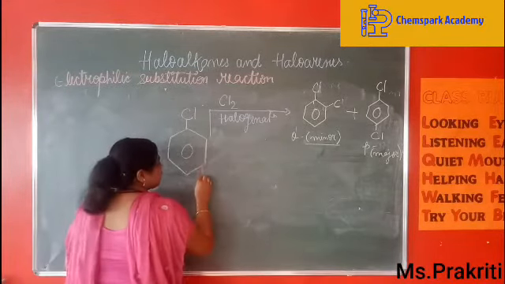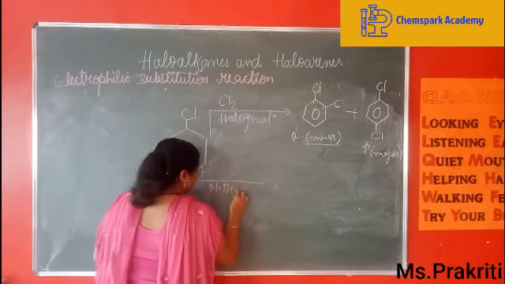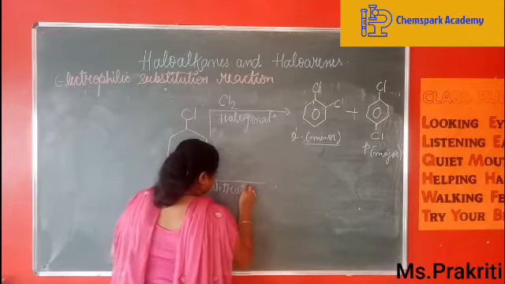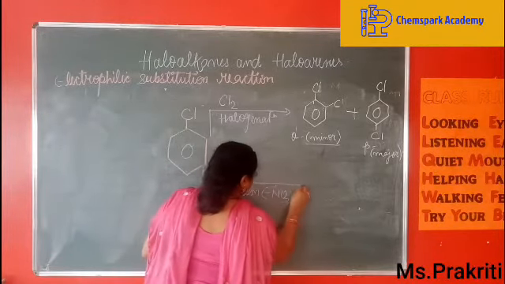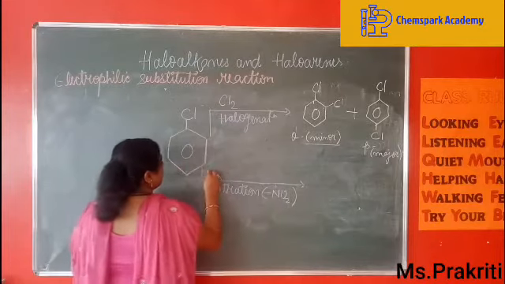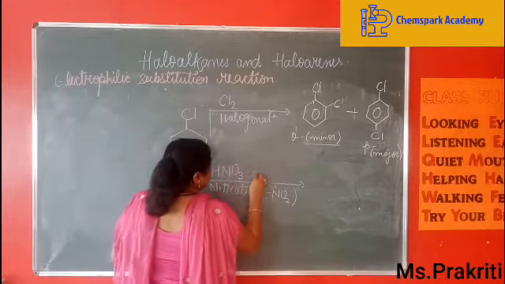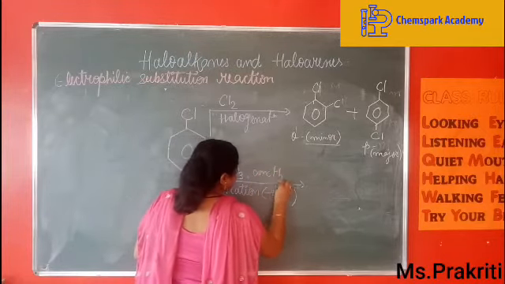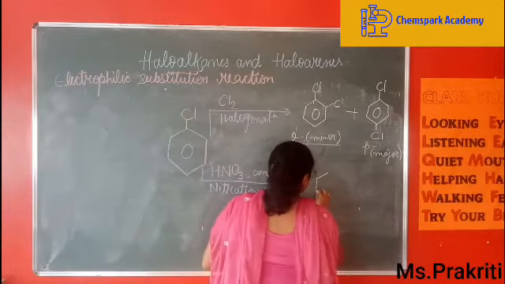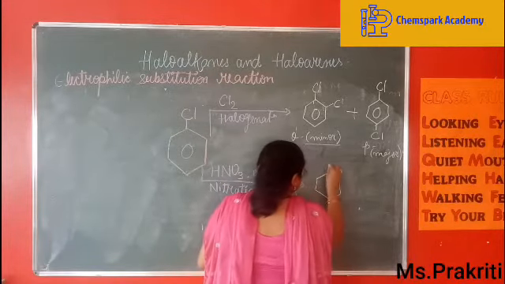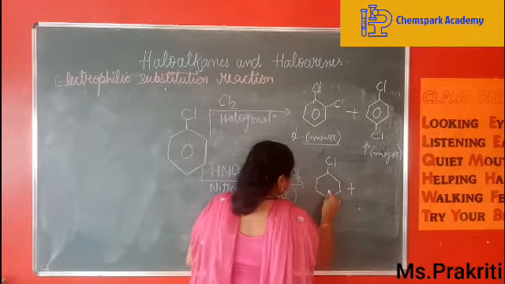The next thing which we do here is the nitration. That is, when we are talking about nitration, we will introduce the NO2 group on the benzene ring. We will react it with HNO3 in the presence of concentrated sulfuric acid. So, I'll again have two substitutions, that is, I'll have two products formed.